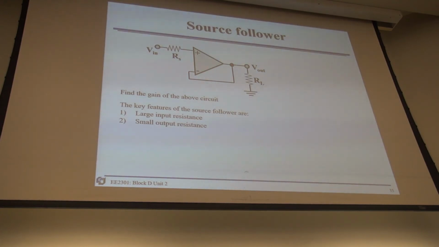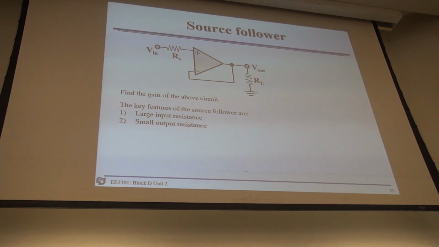But remember that if you look into this one, you have RS. In reality, you have a voltage source, and your RS is not that small. I want to make this small, but it's not possible.